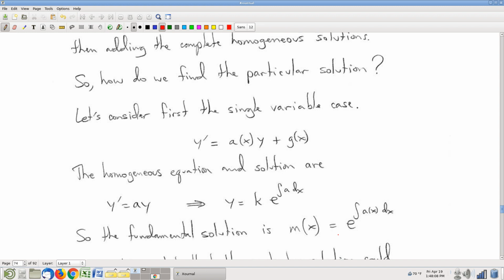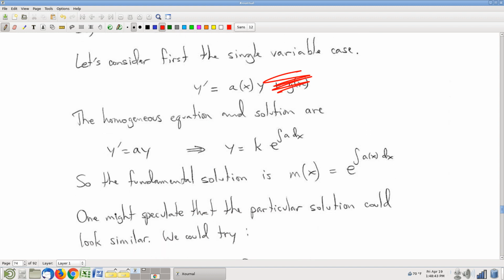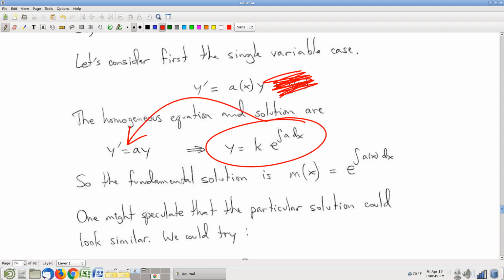I'm going to give you a little discussion of the single variable version of this first, for the purposes of setting up a template, a pattern that we're going to then copy when we get into the vector case in just a few minutes. So here's our differential equation. Notice we are viewing A here as being a function. A quick observation: the homogeneous equation is solved by that function.